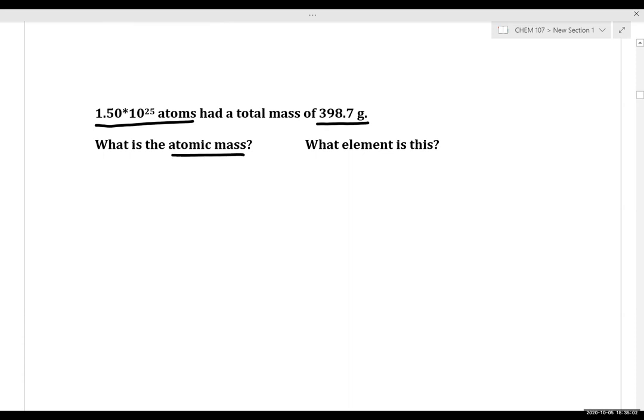I'd like you to calculate the atomic mass in AMU per atom, and I'd like you to tell me what element this sample is. So let's take about 3 to 4 minutes to work through this example, and then we'll discuss momentarily.